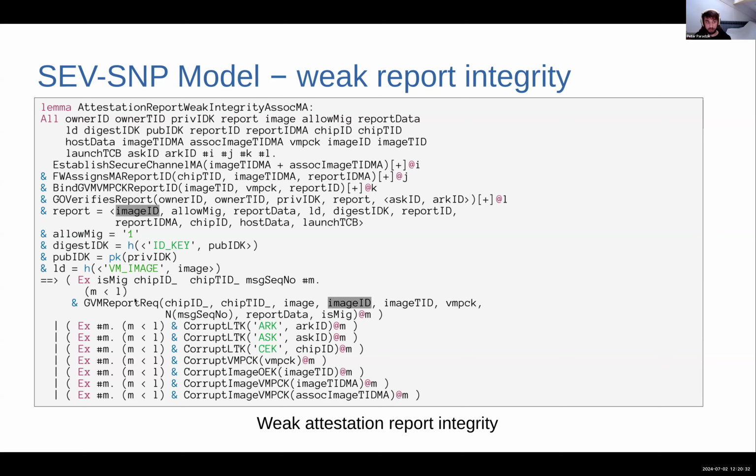So this was the guest with the correct image ID, and this guest was executing on some platform with a chip ID. Otherwise, one of these keys is corrupted.